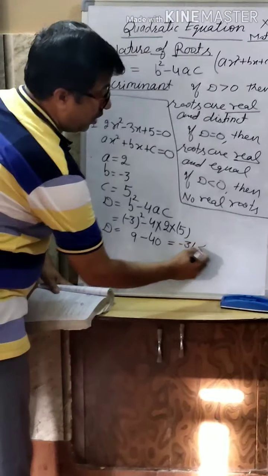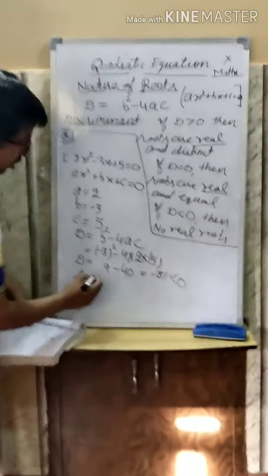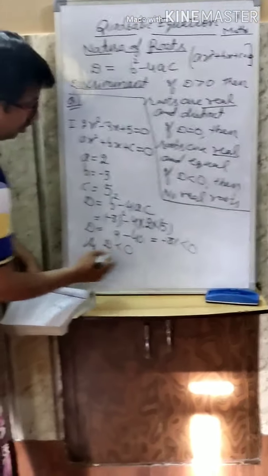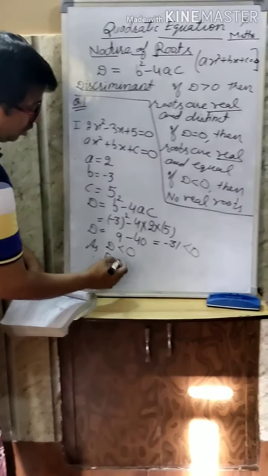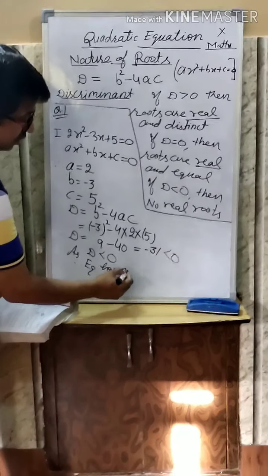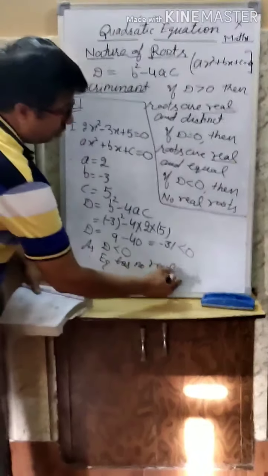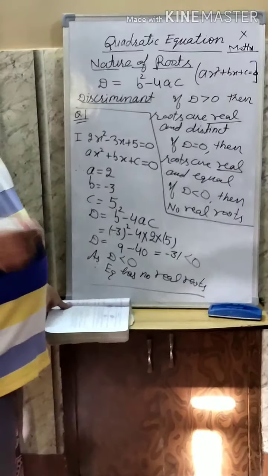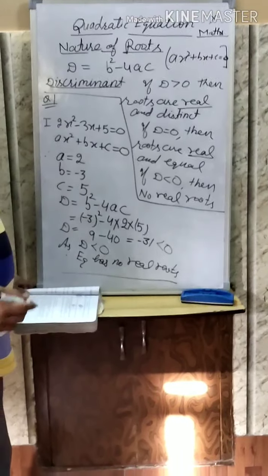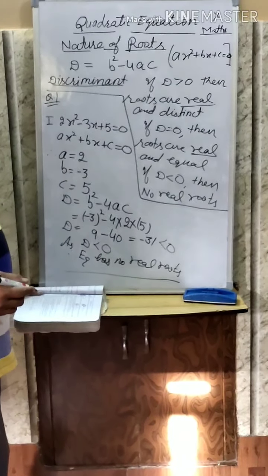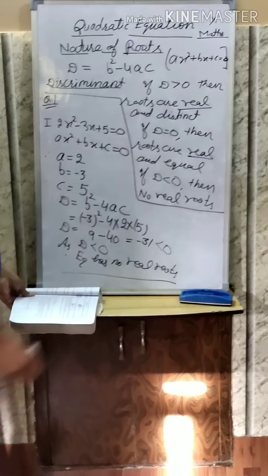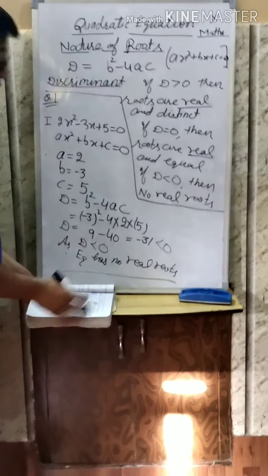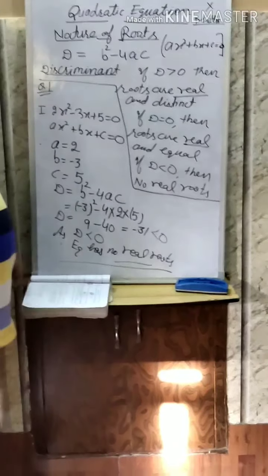So you see it is less than 0. As D is less than 0, therefore the equation has no real roots. And it was given that if the roots are real, then you find them. But here the equation has no real roots, so the question is over.